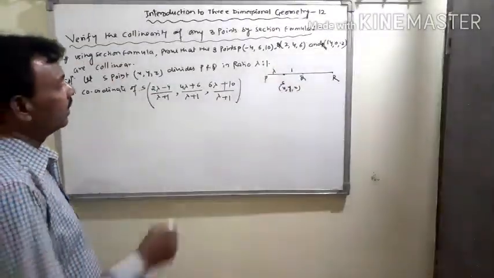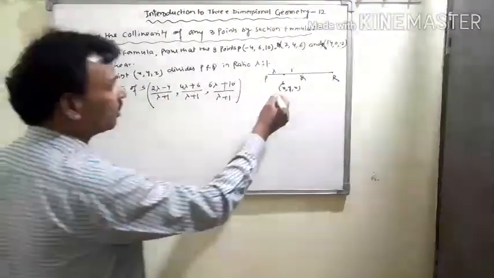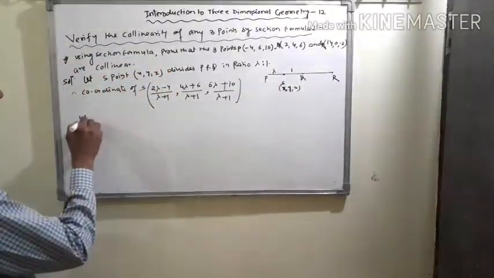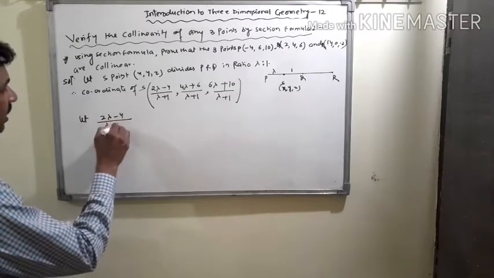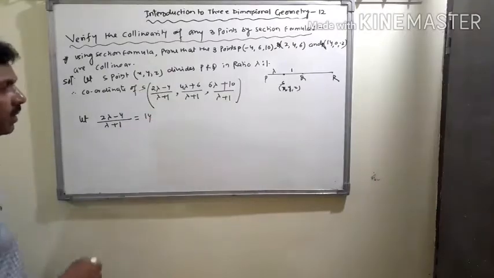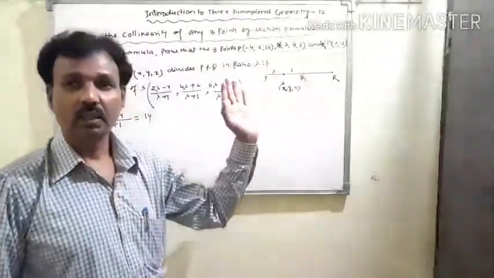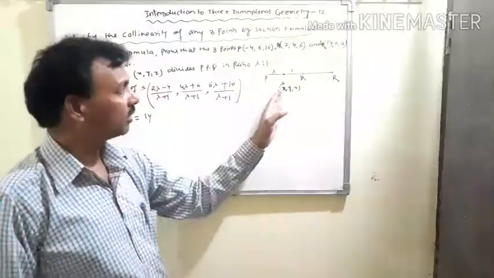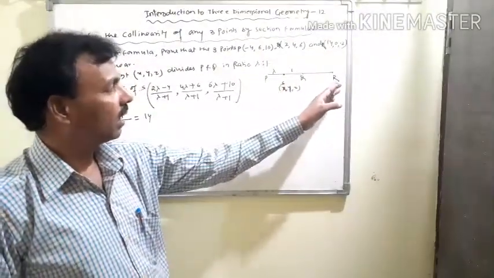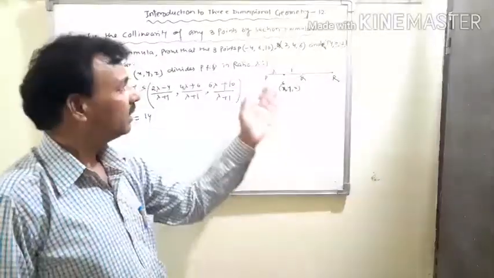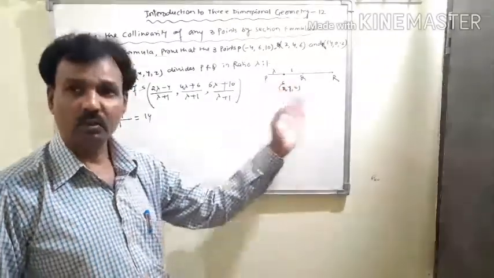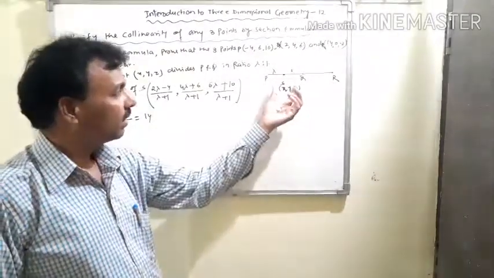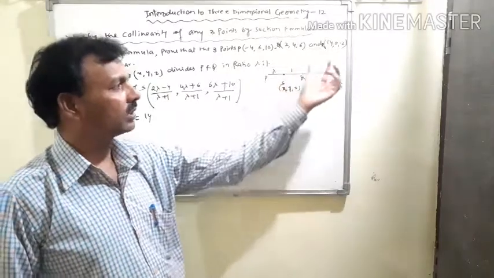Now, consider the x coordinate equal to 14, so 2 lambda minus 4 whole upon lambda plus 1 equals 14, because if P, Q, R lie on the same line, then S will coincide with R, so the x coordinate of S equals the x coordinate of R.